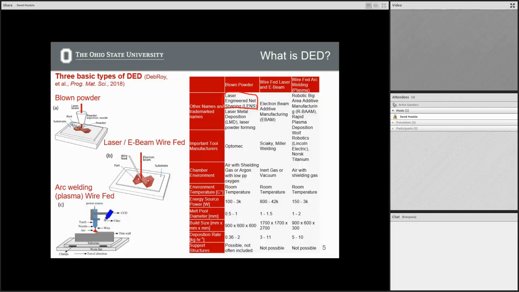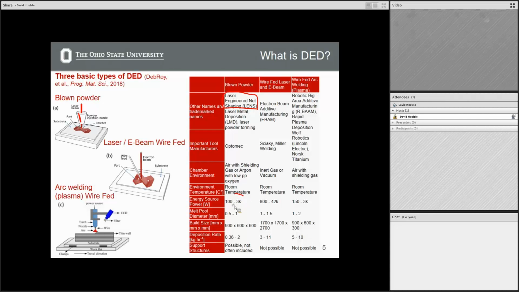You'd convey particles through a gas that's argon, and therefore in the immediate vicinity of where things are melting, it's completely covered in some sort of inert gas, like argon or nitrogen. Usually room temperature.